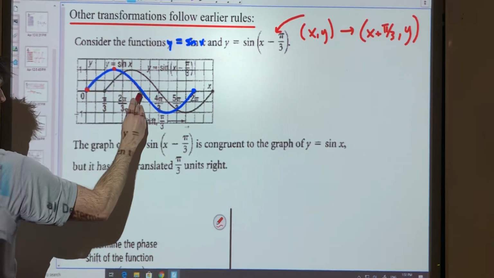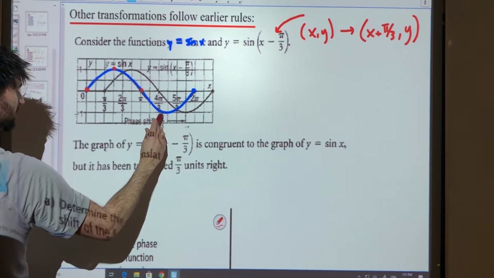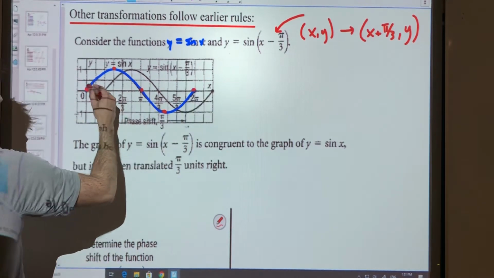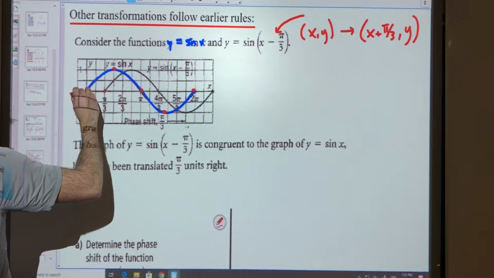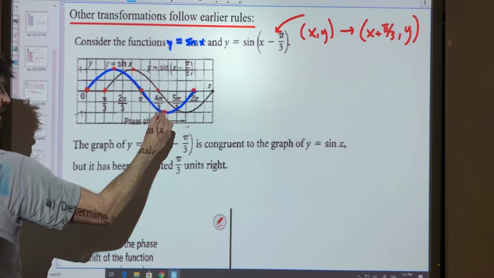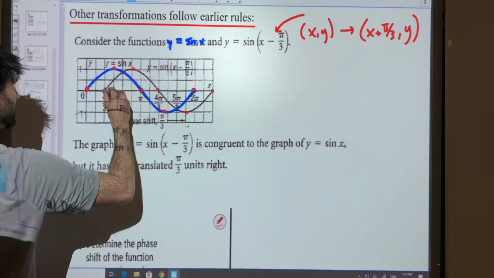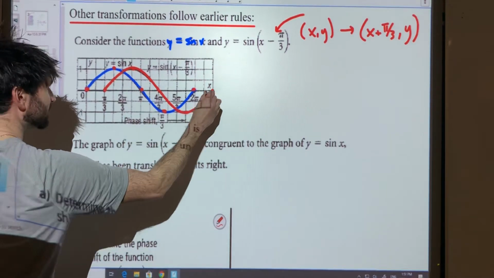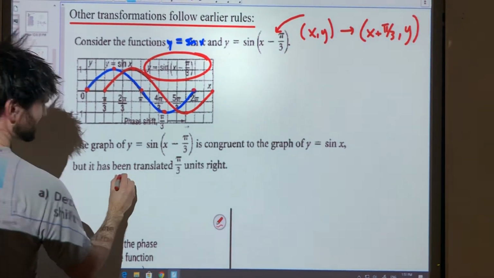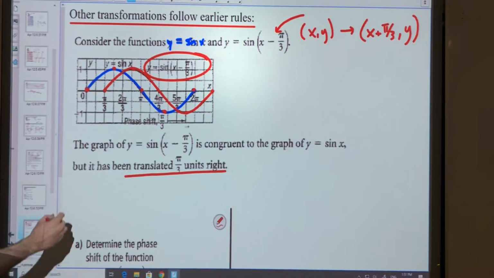Take those reference points that we always graph, and we're moving them all over pi over 3 units. So this one moves here, this one moves there, and you get this new graph right there of x minus pi over 3, okay? There we go. So we say it's been translated pi over 3 units to the right.